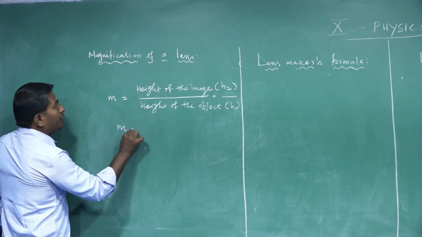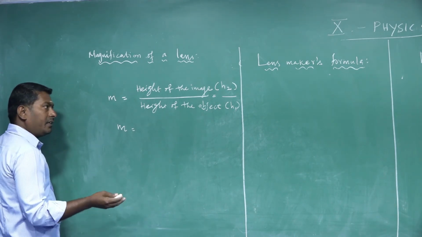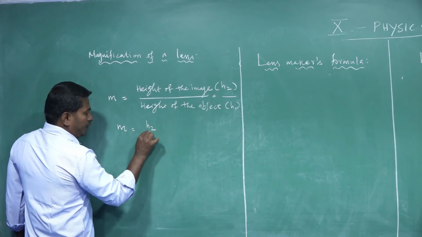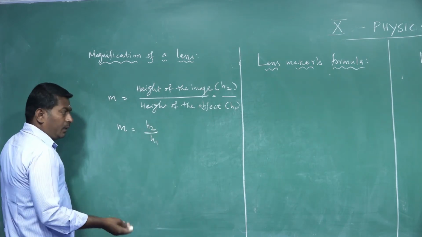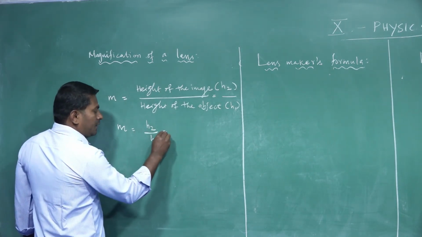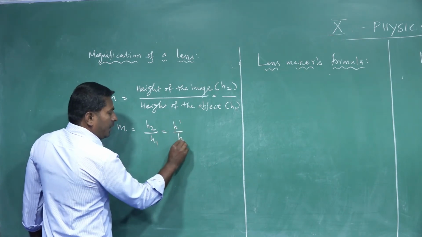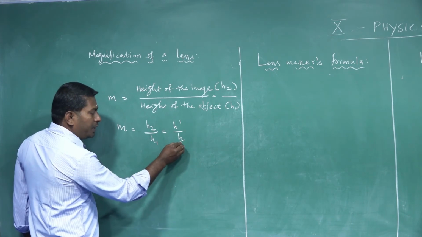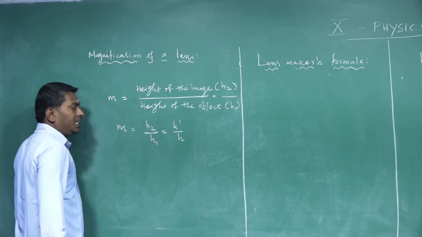So m is equal to h2 divided by h1. Sometimes it may be represented as h prime divided by h. h represents the height of the object, h prime represents the height of the image.